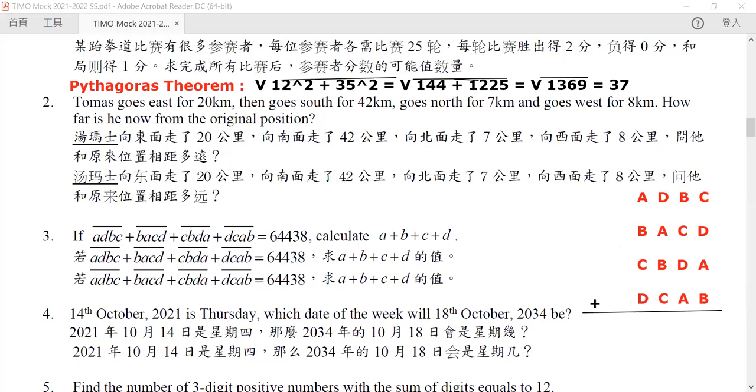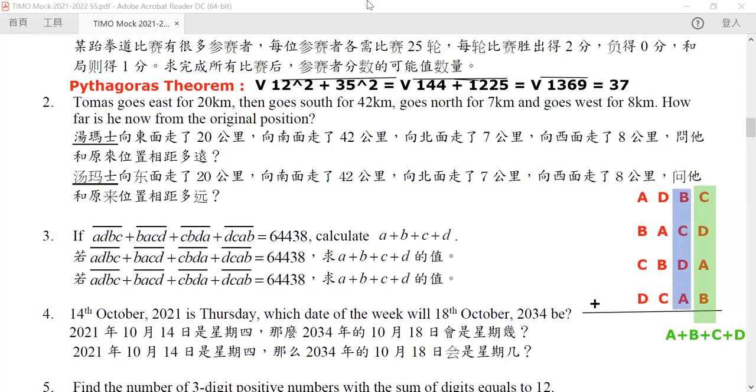Now, instead of calculating them directly, we want to calculate digit by digit. What is the sum of the unit digit? Well, the sum of the unit digit is equal to A plus B plus C plus D, right? How about the 10th digit?